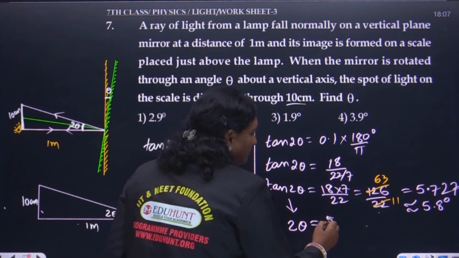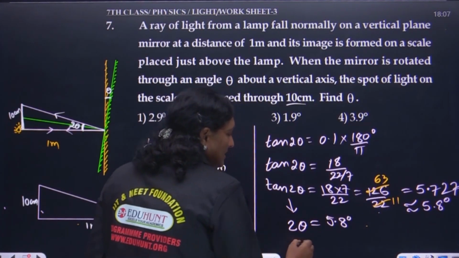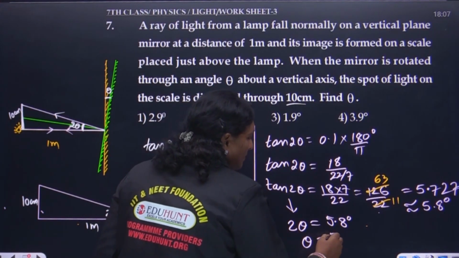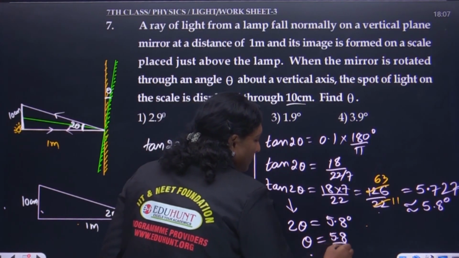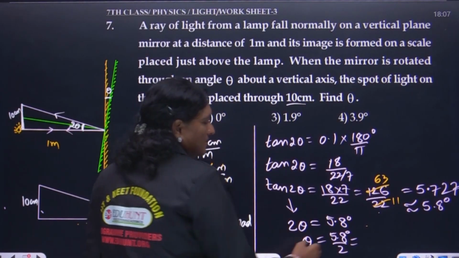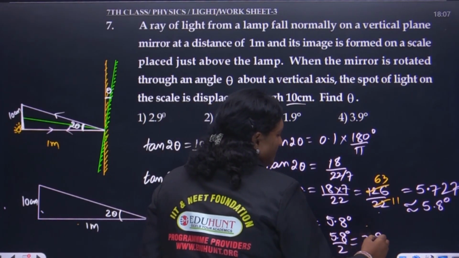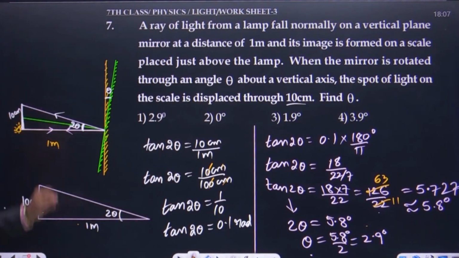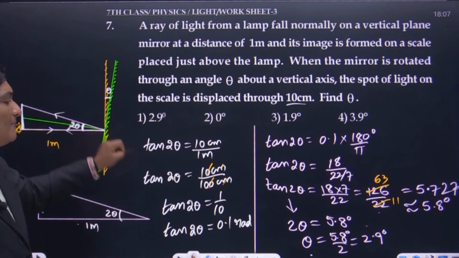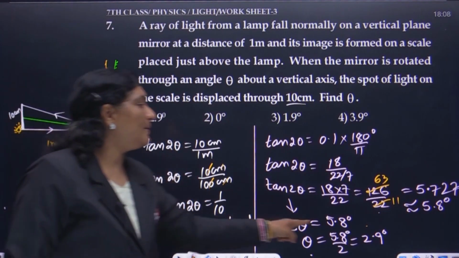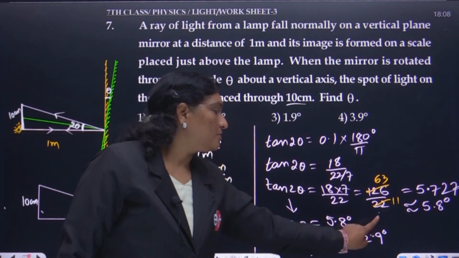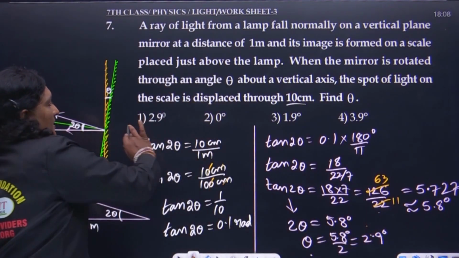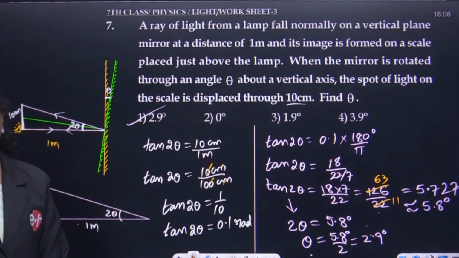So 2 theta is found to be 5.8 degrees, or theta is equal to 5.8 upon 2, that is equal to 2.9 degrees. So how much is the mirror rotated? The mirror is rotated by an angle of 2.9 degrees, and hence the first option is true.